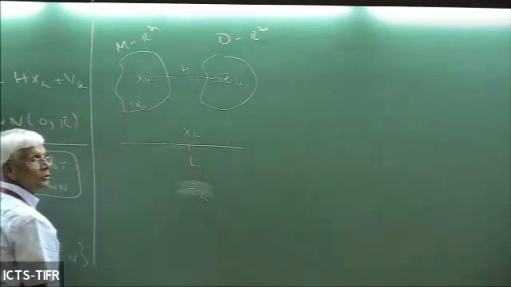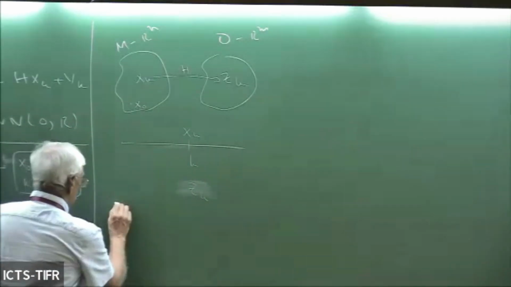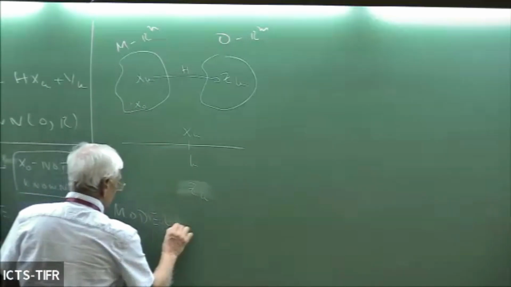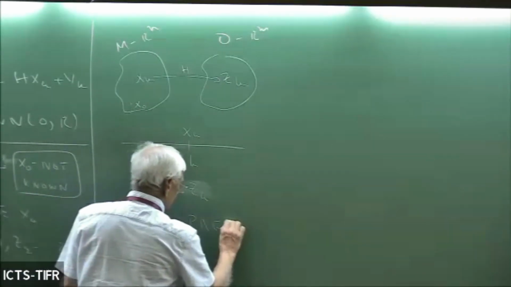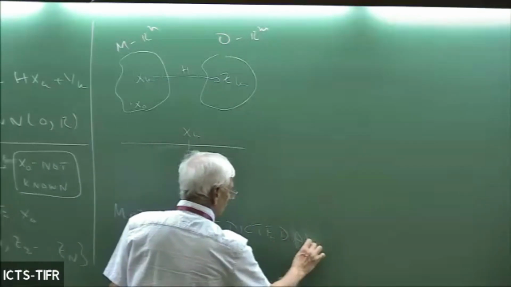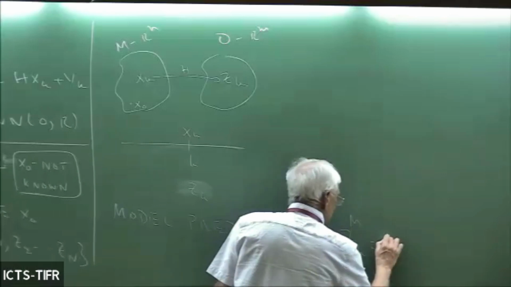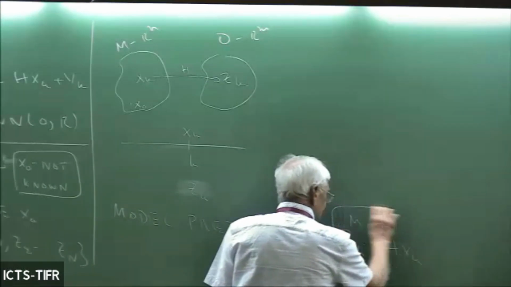Now I'm going to introduce what's called the model predicted observation. What is that? This is zkm, which is equal to h of xk.